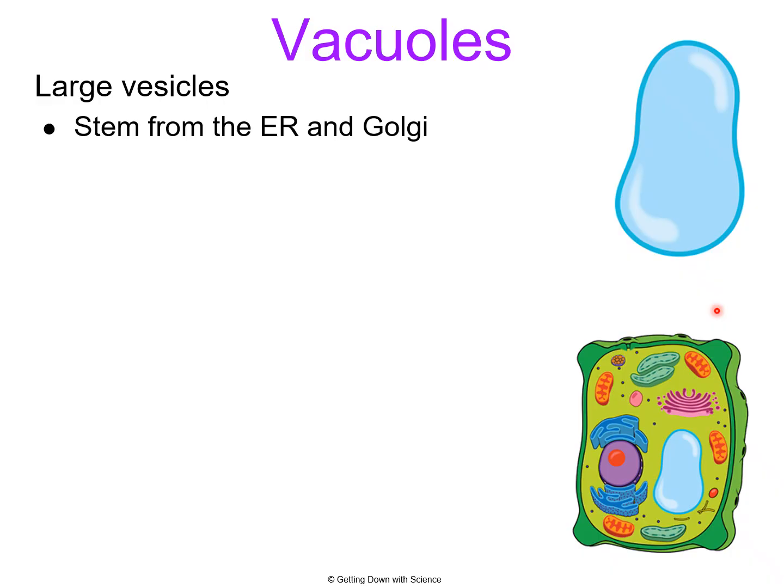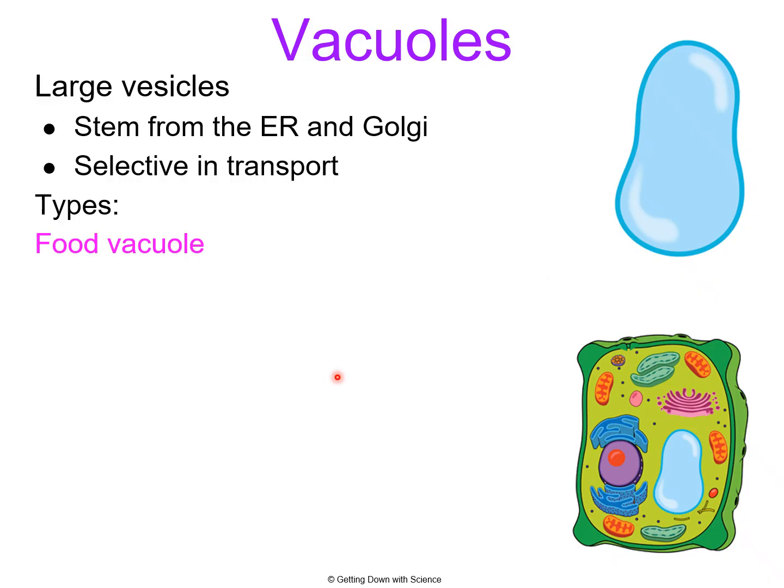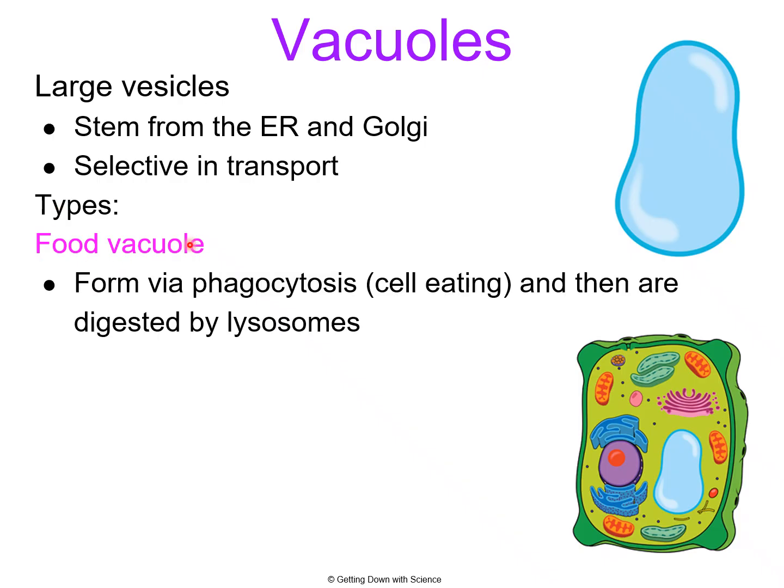Vacuoles stem from the ER and Golgi apparatus. They're not attached to the ER or the Golgi apparatus, but they do stem from those. They play a role in transport, and they also play a role in storage. So what are the types of vacuoles? There are three types. We have food vacuoles, which are responsible for storing food, useful substances for the cells.